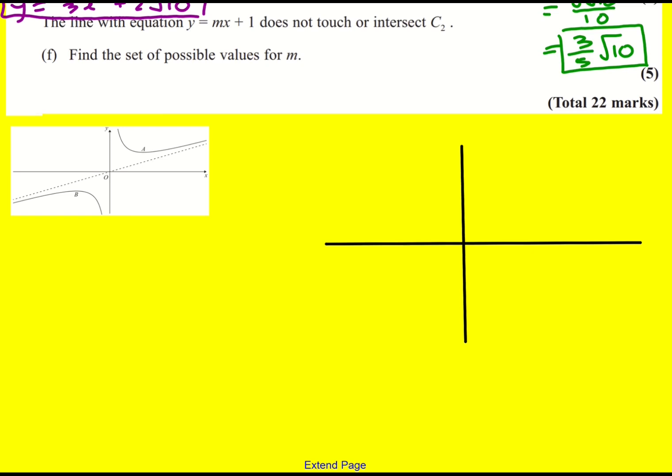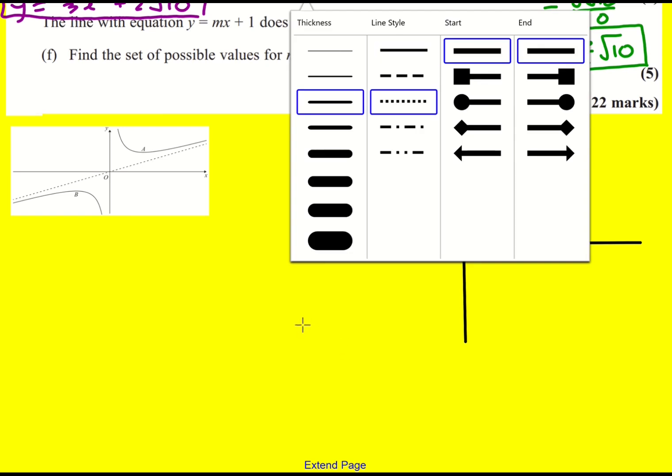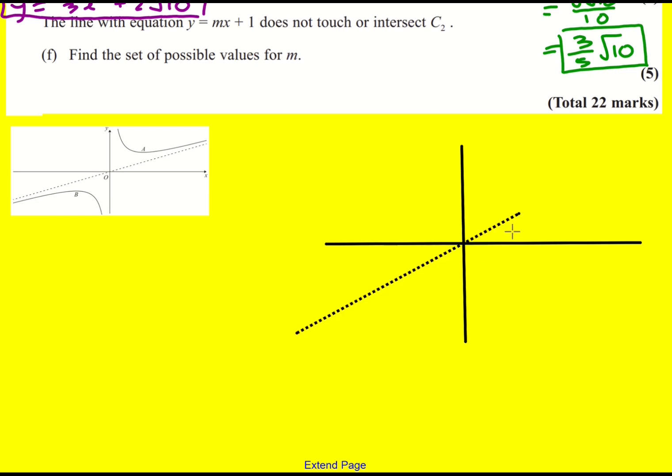So we're definitely going to get the same asymptote as before. It's a third, so let me just try and show that the gradient's less than 1. And then I've got the curve coming down and then tending towards this asymptote.